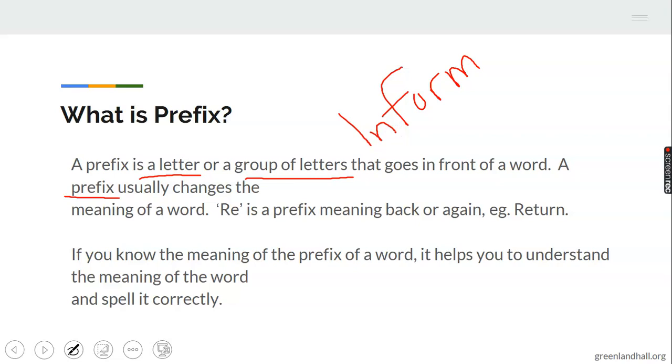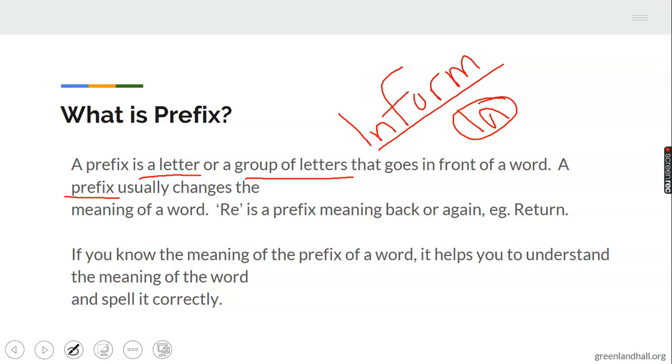That gives me what? Inform. So my prefix here is in. That's what I've added to get that new word. So a prefix could be a letter or a group of letters that goes in front of the word, like I have form before. It goes in front of the word and gives you another meaning.